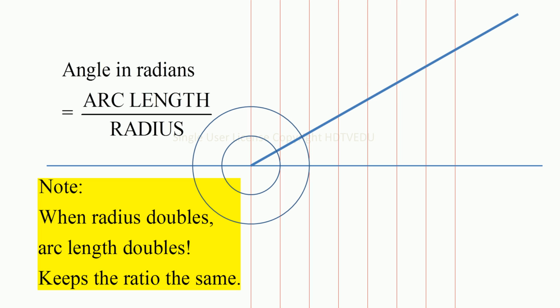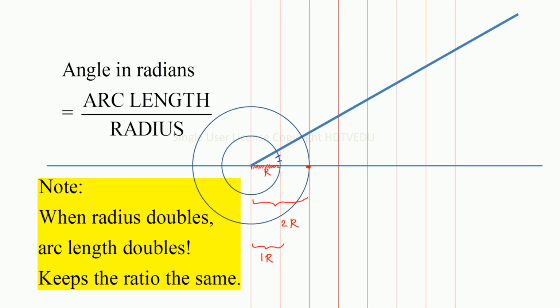So let's look at the arc length and the radius again. 2 times the radius, and from here to here is 1 times the radius. And what is the arc length we have? Whatever we have, 3 units there, right?